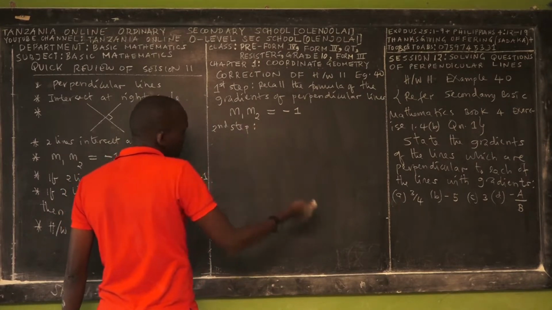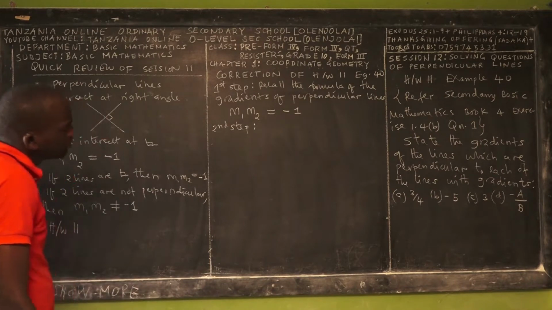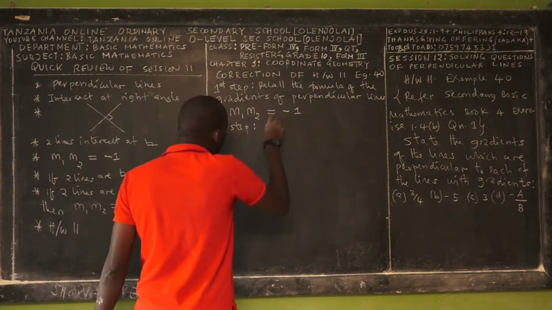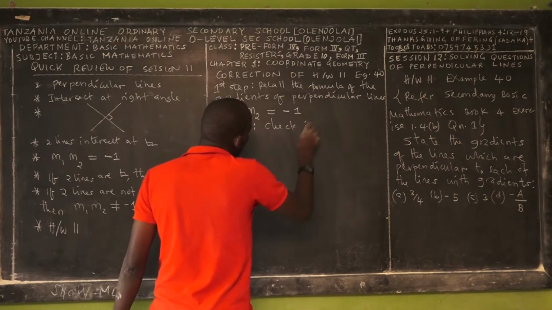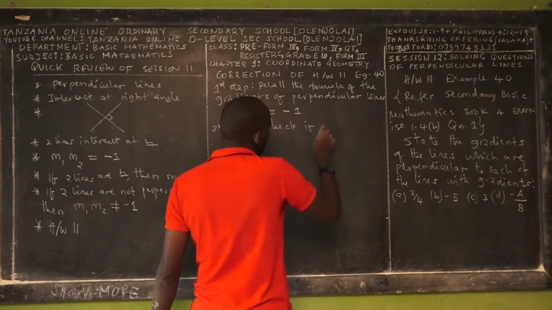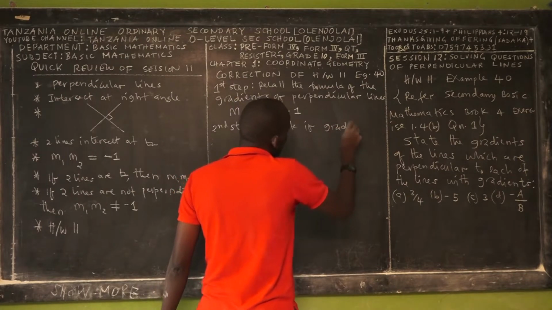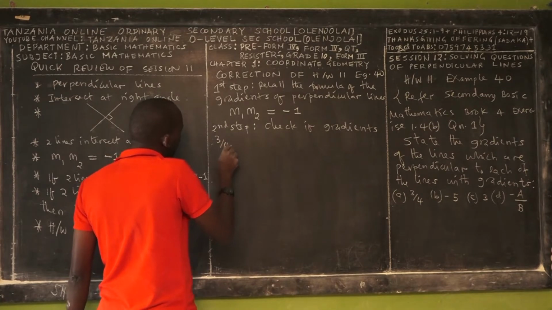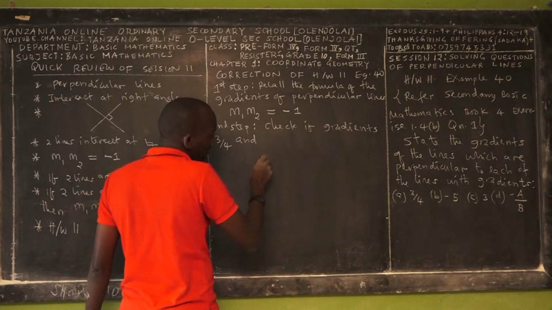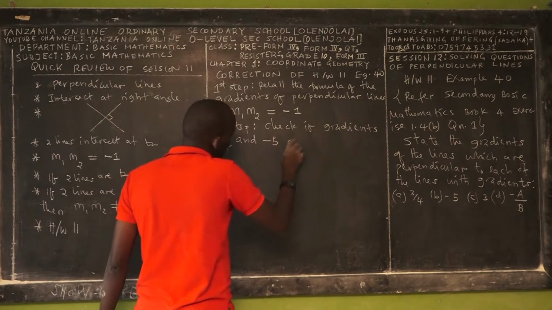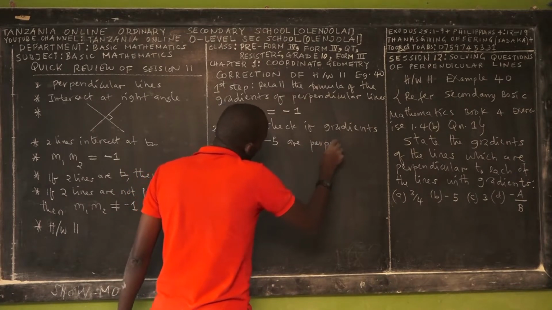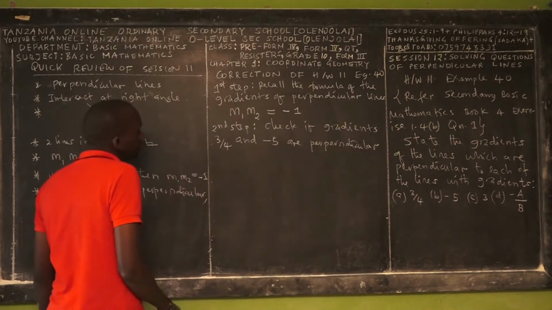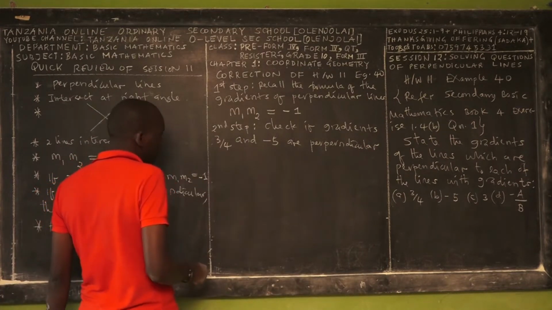Okay, so the second step is to test. State the gradients of the lines which are perpendicular. So check if gradients 3/4 and -5 are perpendicular. If they are perpendicular, they have to obey this condition.